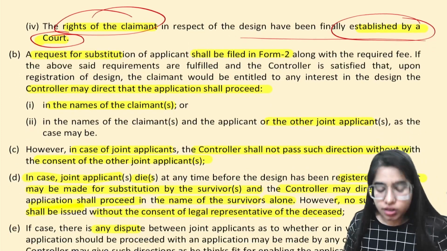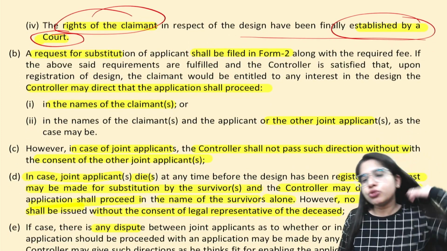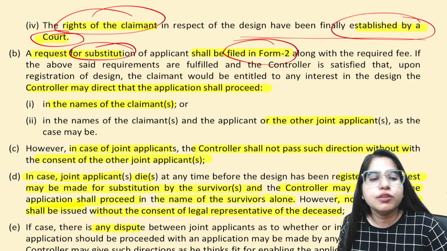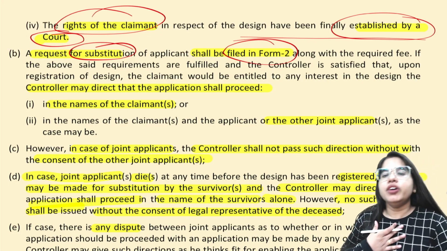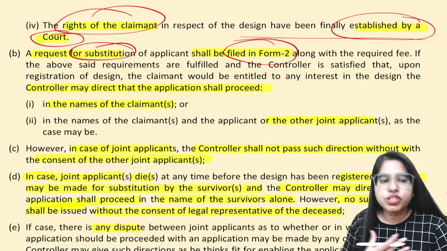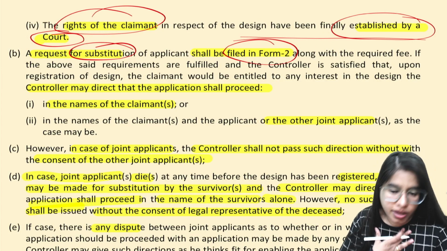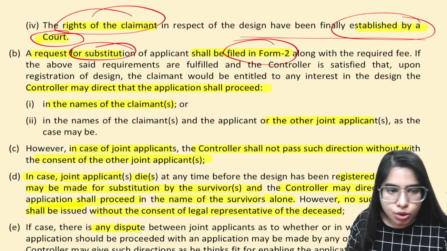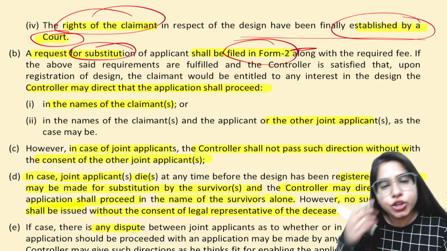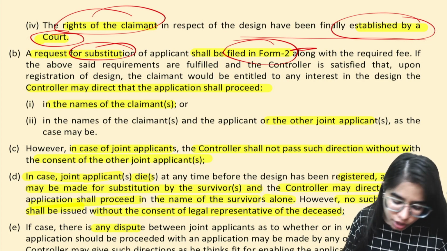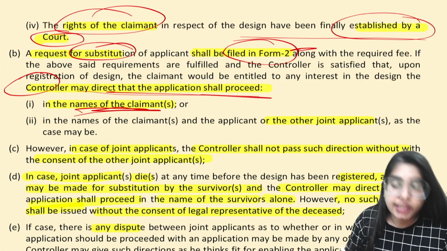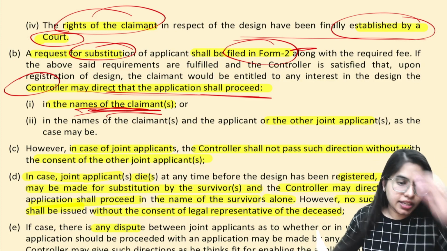And how can you make an application for substitution? In order to make an application for substitution, that application has to be in form number 2. That means, first I made an application to register a design in my name. Now I want to transfer it in Pinky's name. So I have to make another application in form number 2 to the controller, and direct the controller to transfer it either in the name of the claimant.